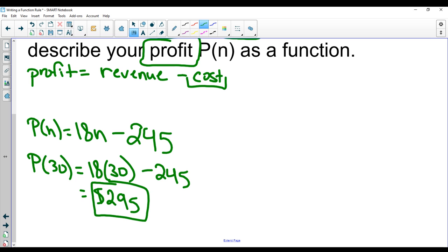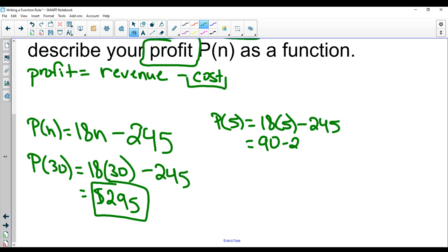Let me demonstrate again with a different kind of problem. Let's say, what is it after 5 yards? So let's do P of 5. That's 18 times 5 minus 245. I think 5 times 18 is 90, but let me double check. Yeah, 90 minus 245.